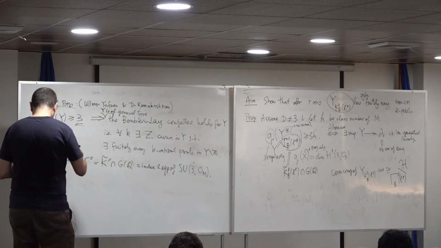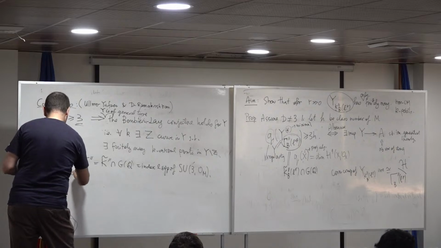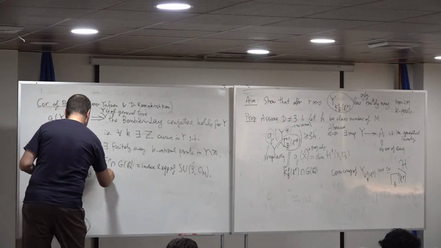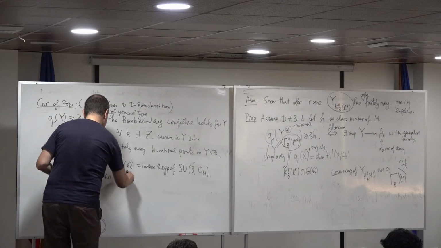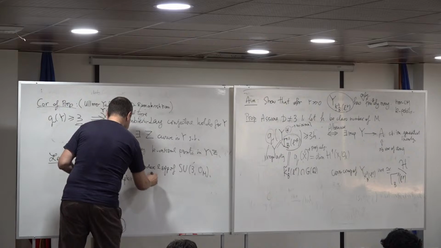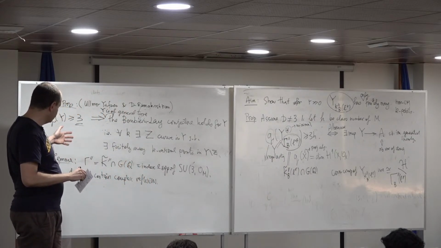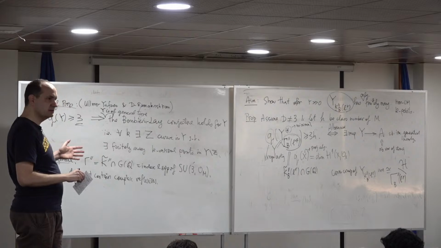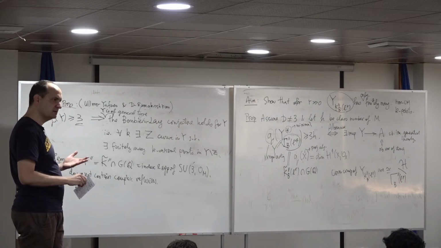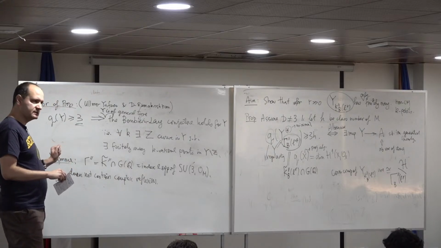And the lemma is that this gamma tilde does not contain complex reflections. So what is a complex reflection? This is maybe the occasion to point out that my subgroups have torsion, like gamma 0 of n over the modular curve. So I'm not in a neat case; we're at a very low level.